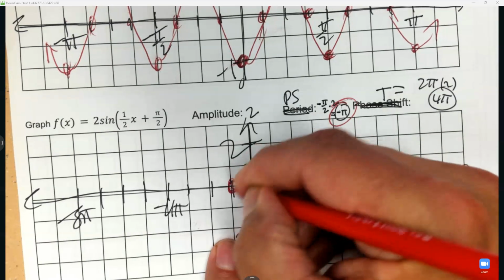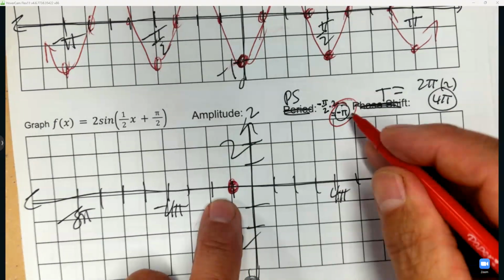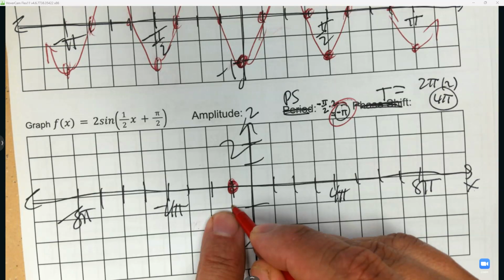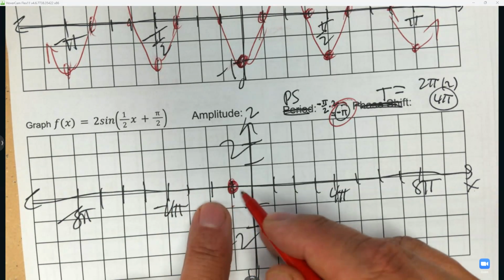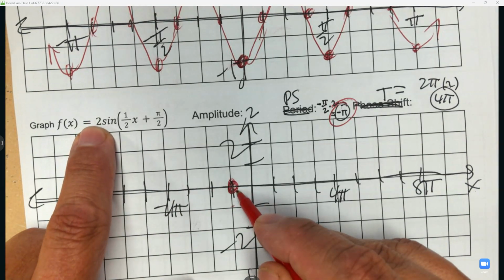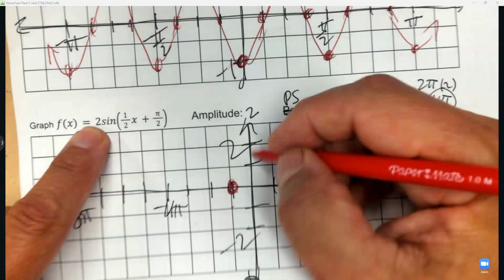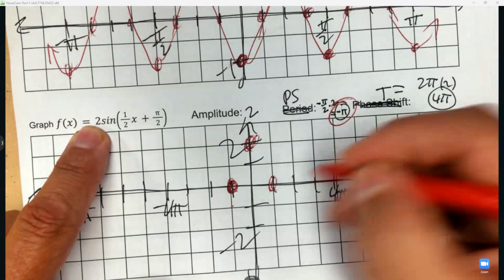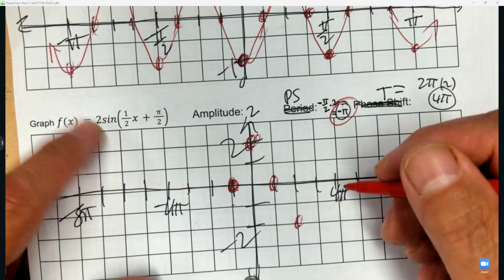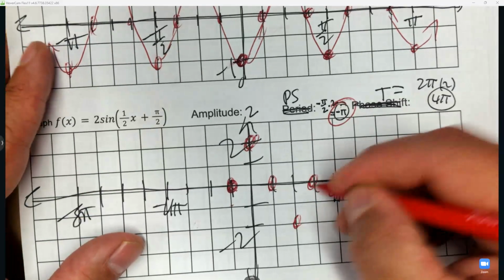And sine starts in the middle at negative pi. So I find where -1 pi is, and sine starts in the middle. From there, I follow my pattern. So from there, it goes to the top, back to the middle, to the bottom, to the middle, and we follow our pattern from there.